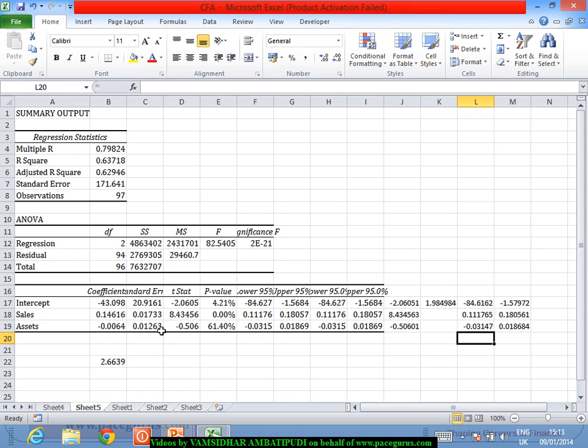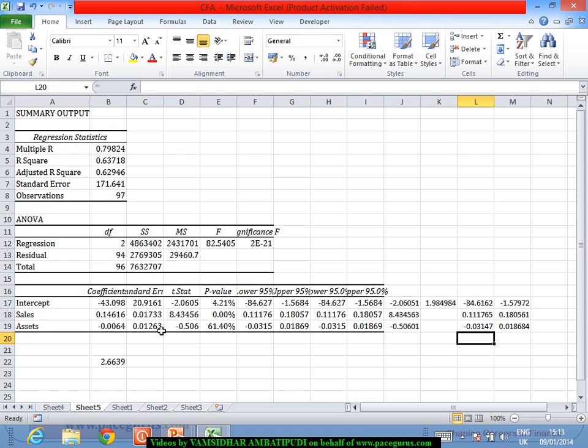But wherever I find that even after the addition of the second variable, it is also statistically significant, then obviously it will result in a better regression model for us, right?